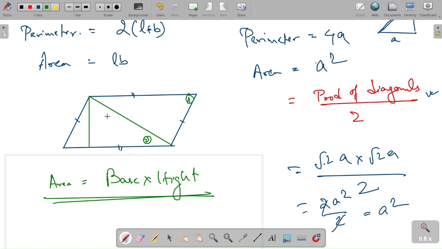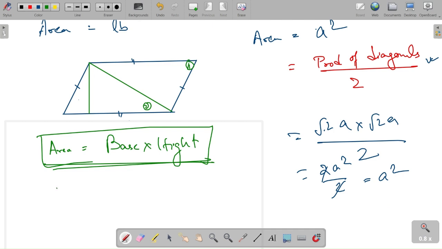So that means this divides it into two equal areas. Now what is the area of this triangle? Half into base into height. That should also be the area of this. So the total area of the parallelogram will be 2 into half into base into height. So your 2 and half will cut each other. You will be left with base into height. Got it?